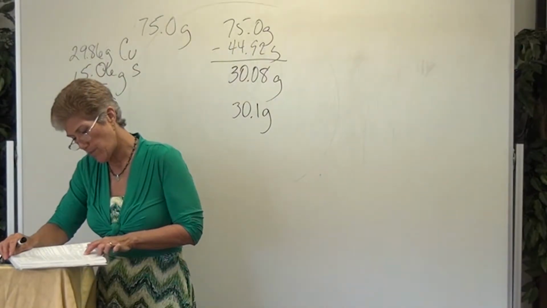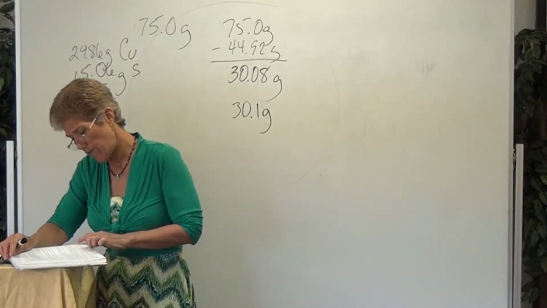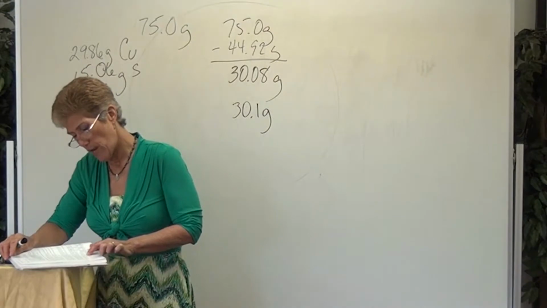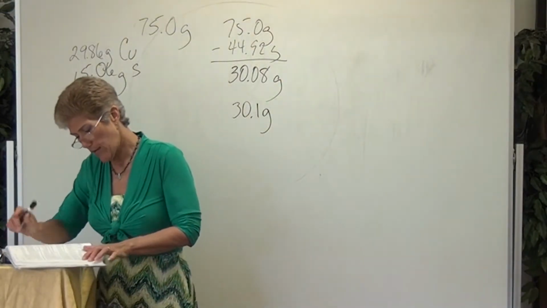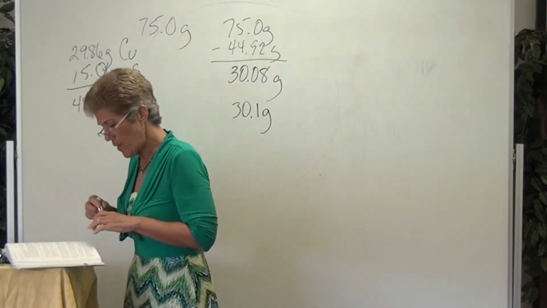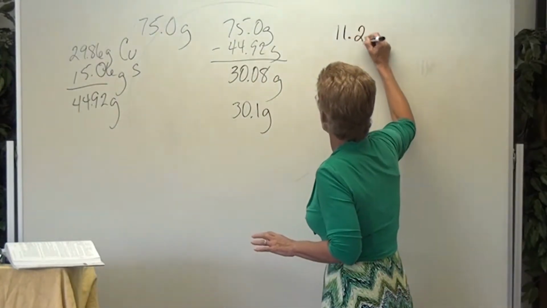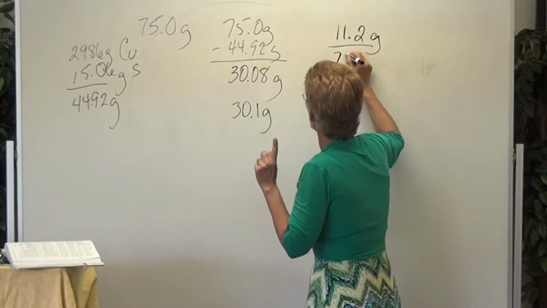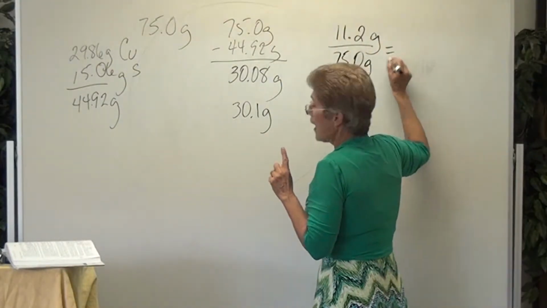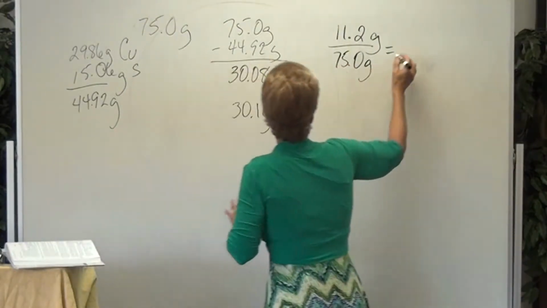B, suppose you want to make 11.2 grams of white powder with no leftovers. How much copper, sulfur, and oxygen will you use? If we wanted to make 11.2 grams, we would take the batch we want to make divided by the recipe batch, and that would give us the number to multiply the different things by.